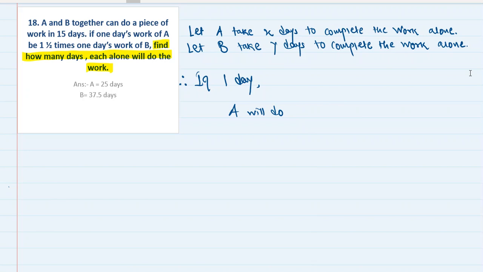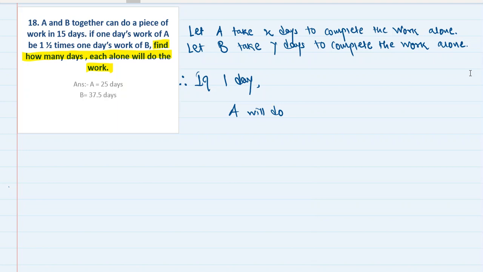Whenever you are doing some work, let's say you are reading a book. Suppose you will finish the book in 2 days, you require 2 days to read the whole book. Then in one day, how much of the book can you read?